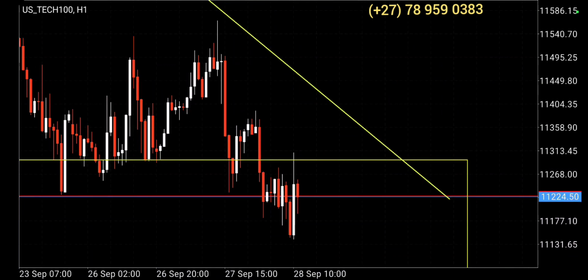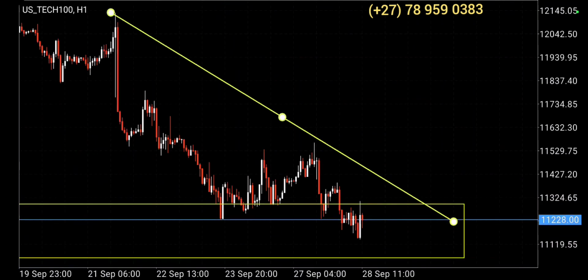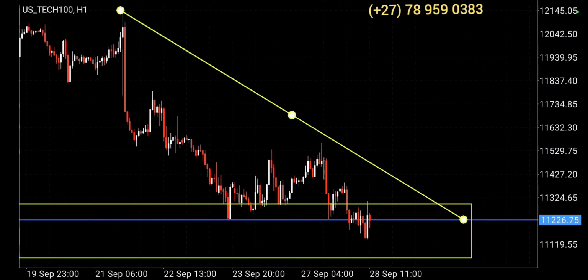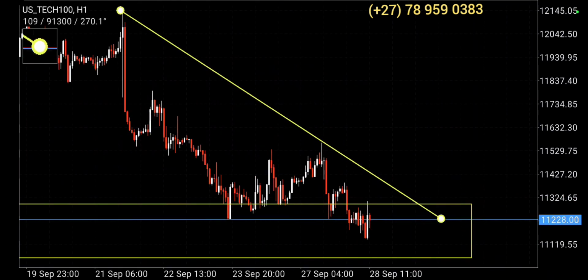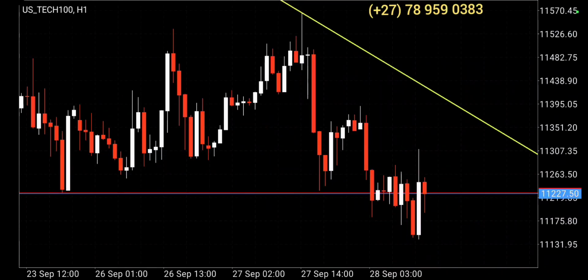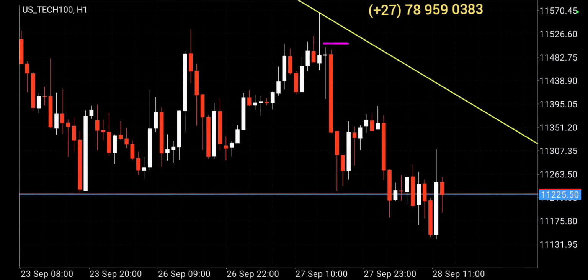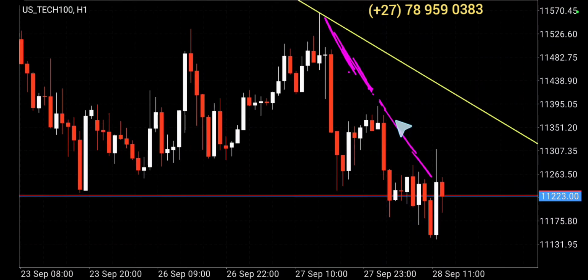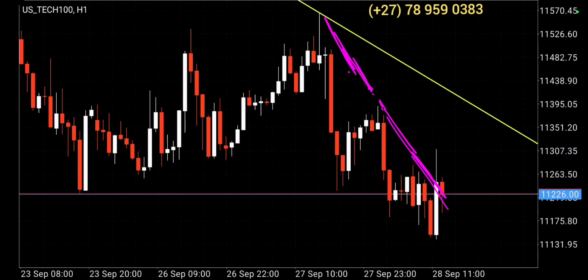So now what we have on H1, because H4 we know that it starts from there and then the trend line passes here. So that's your H4 trend line, right? And we can remove the zone because we know where it is, and then we can even mark the trend line on this time frame. You can mark it there and say this is my bearish trend line on H1.